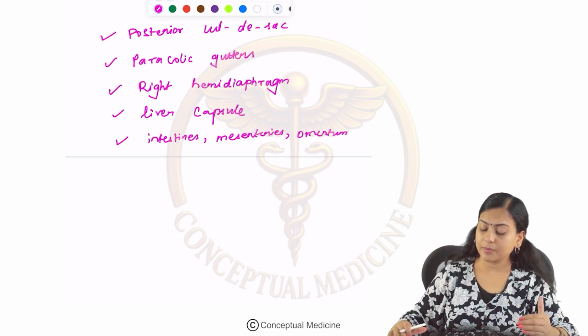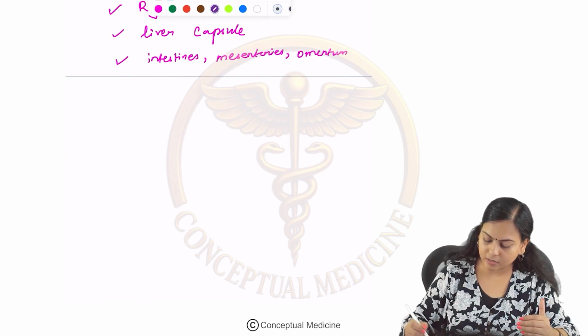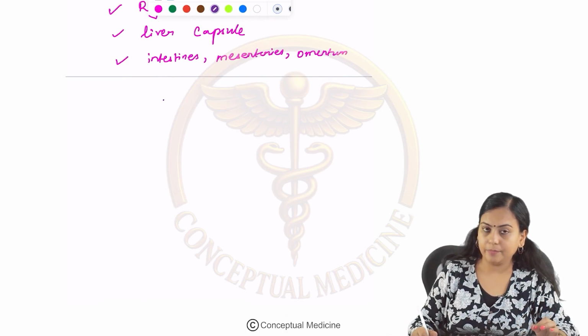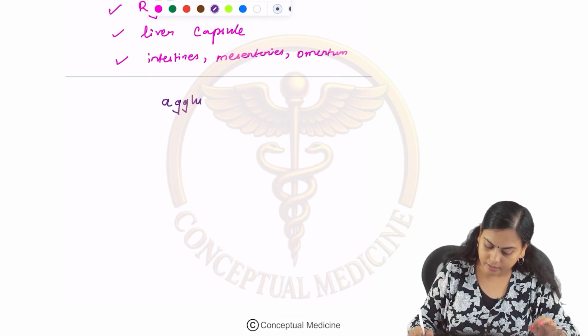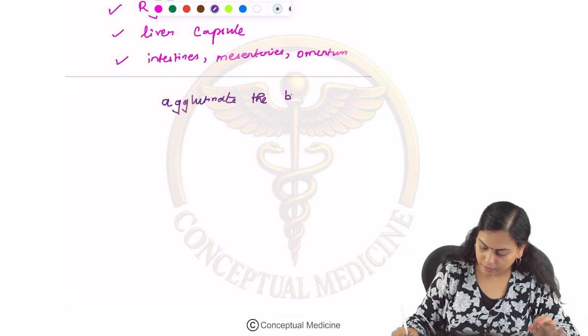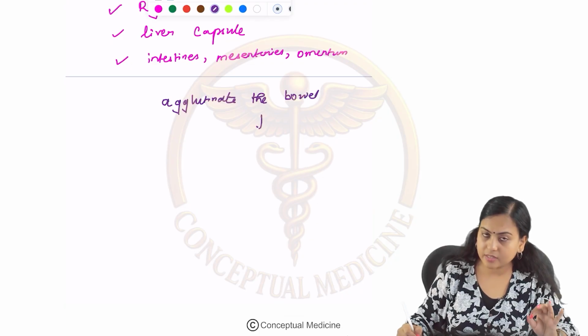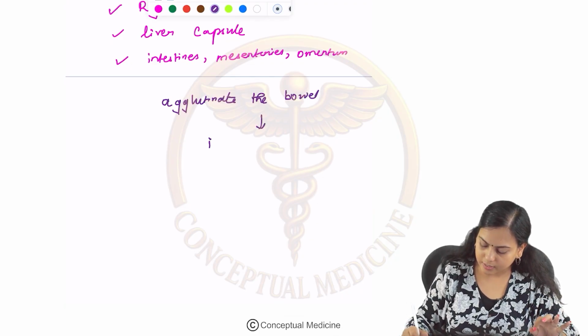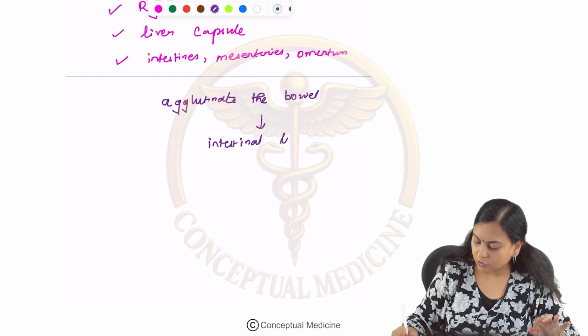Okay, sometimes what happens, the disease will involve the bowel and it will agglutinate the bowel, so that there is progressive intestinal lumen obstruction.